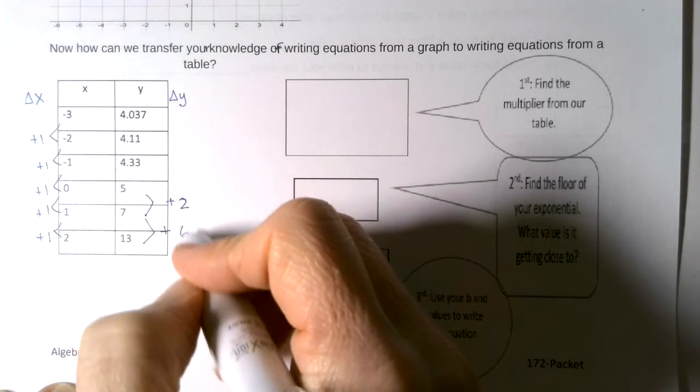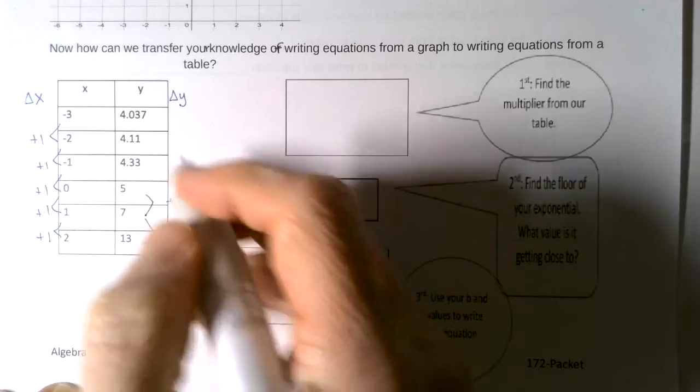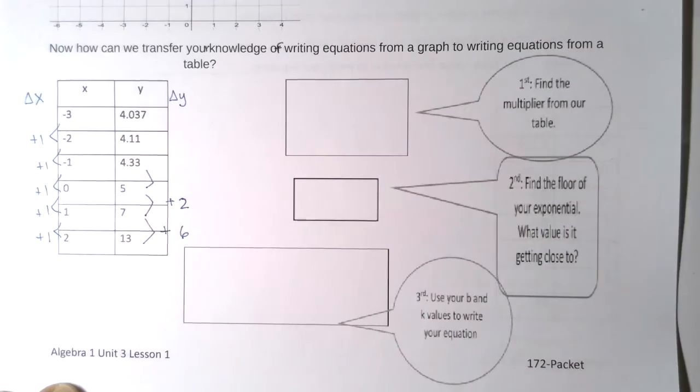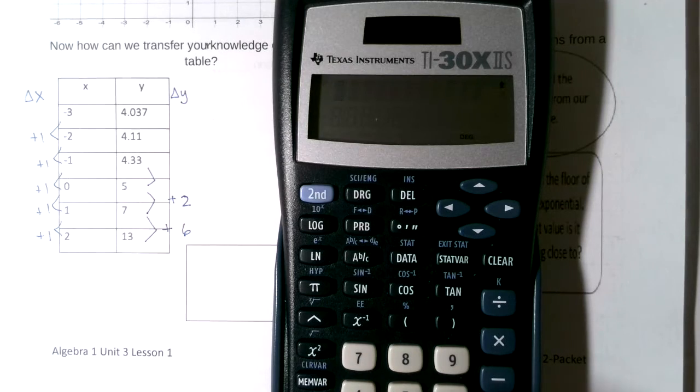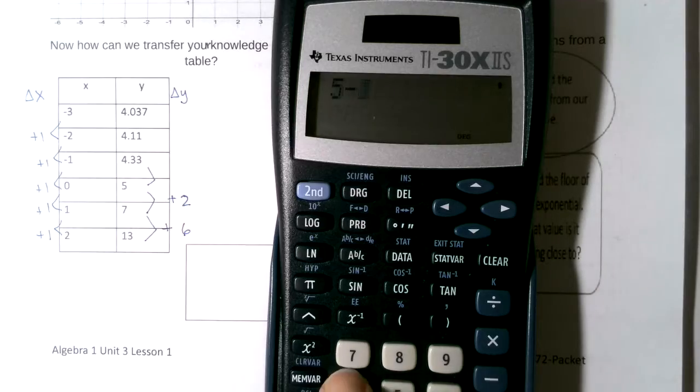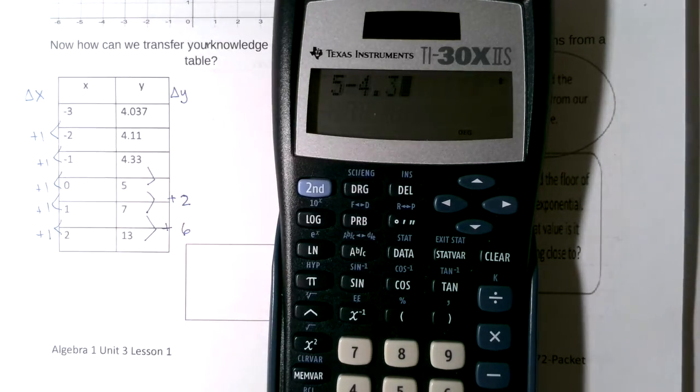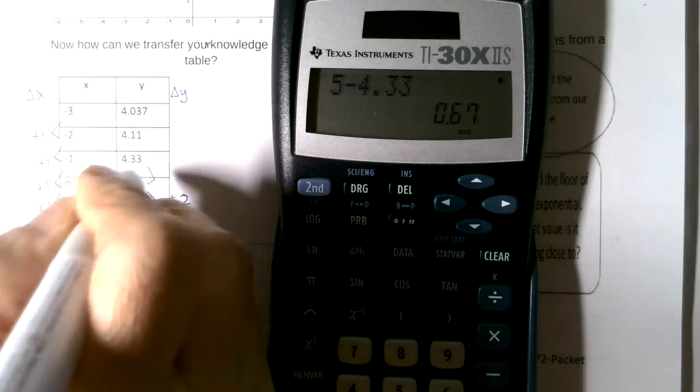And because I know I'm looking for a multiplier, there is a nice multiplier there, but let's go back a little bit to see. And so we're going to look at what the difference is, and you can pull out a calculator to do that. So I can subtract 5 minus 4.33, and I get 0.67.